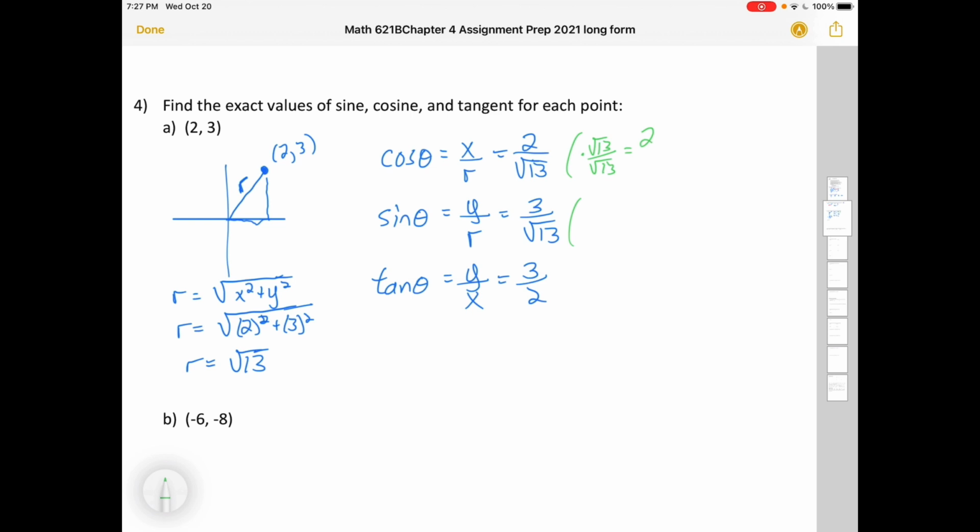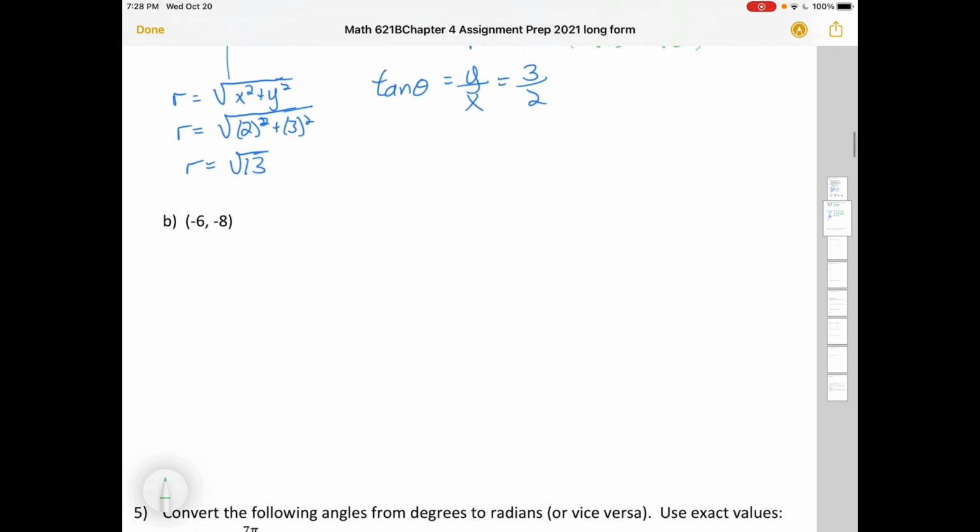And this would become 2 root 13 over 13. I only put the irrational answers in the answer key, but either one is fine. There we go. Those are other alternate answers. And rationalizing comes from just multiplying by root 13 over root 13.